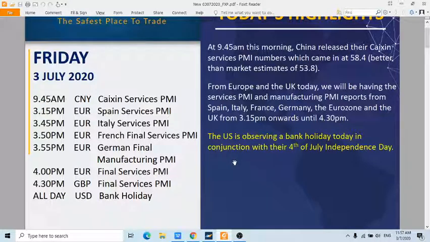But over the last 6 months or so, new issues have arisen, for example the COVID-19 situation, where the US is still very much putting the blame on China, and most recently the Hong Kong security law, which was passed by China just 1 week ago.